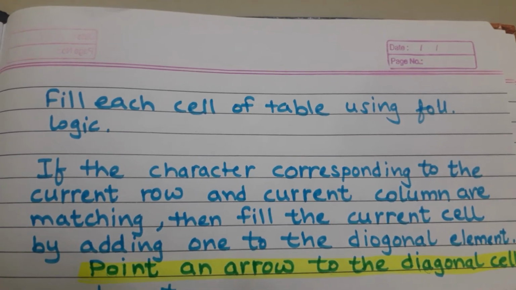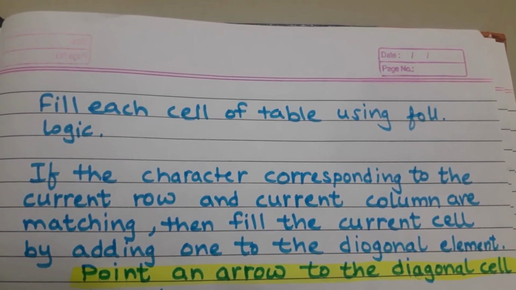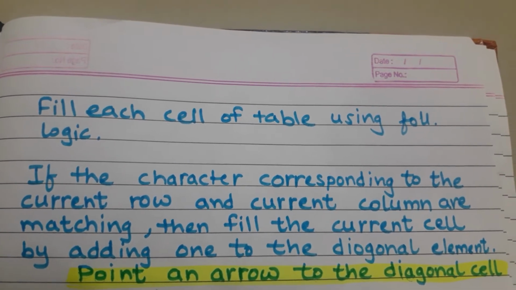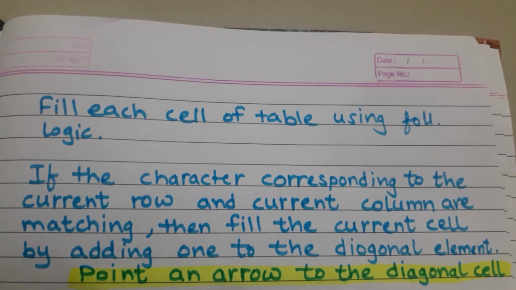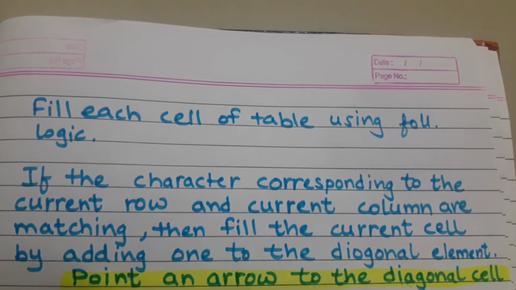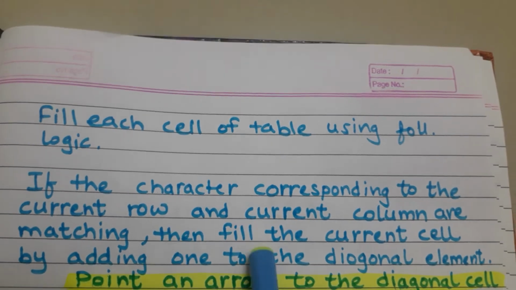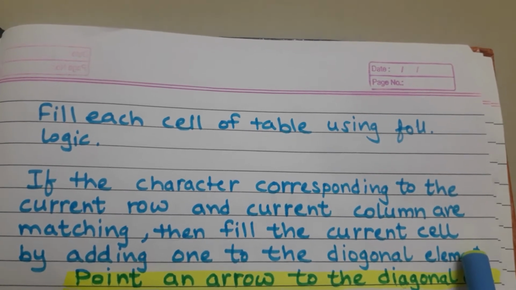Our logic is that if the characters corresponding to the current row and current column are matching, then fill the current cell by adding 1 to the diagonal element.